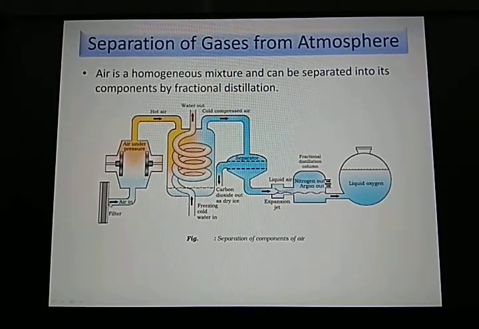So listen carefully. First of all, you can see in the initial part there is a filter. What this filter does is it takes in the air. As you can see, the air is coming through this filter. It does not allow the dust particles, and it also absorbs the moisture present in the atmosphere.